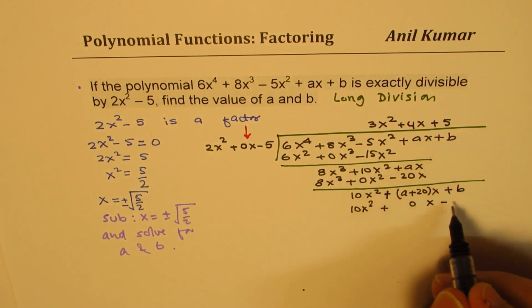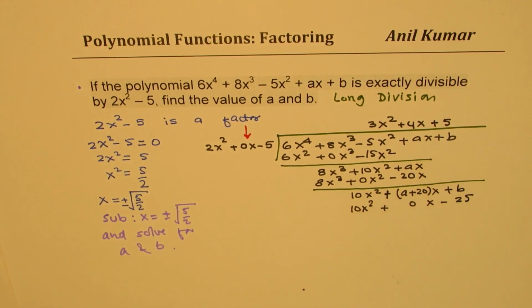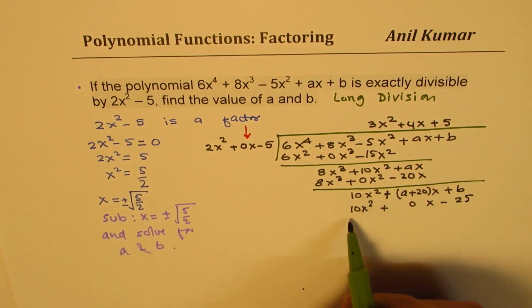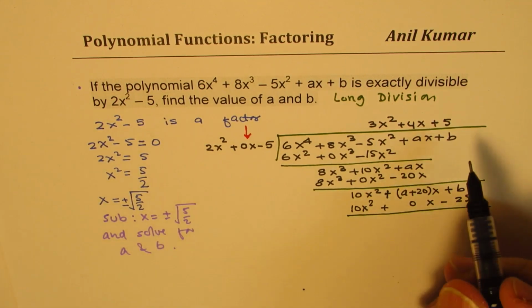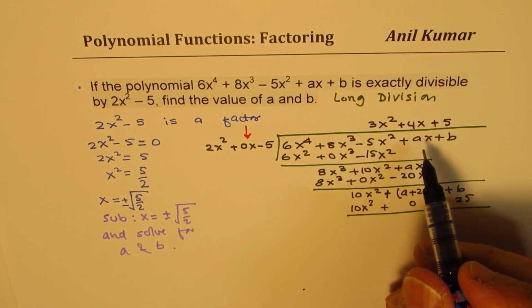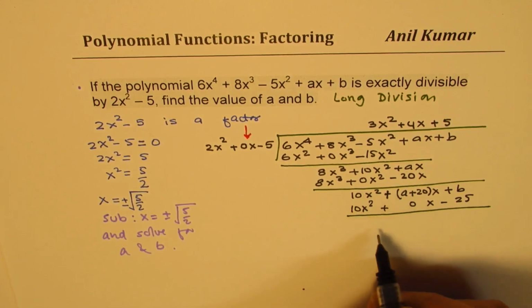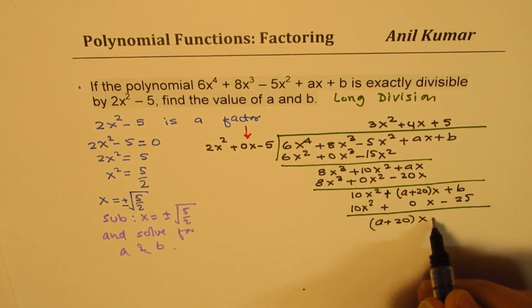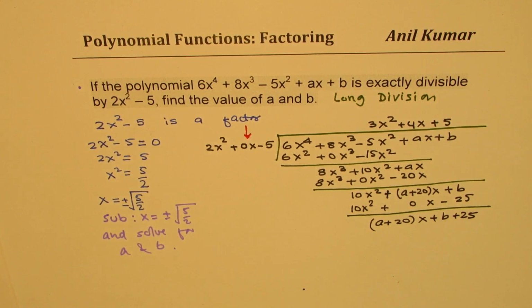So you get 25 here. Now again we'll just take the difference. So when you take this difference, then what you get really is this cancels, but you have here a plus 20x, and here you get plus b plus 25. Okay? So that's what you get.